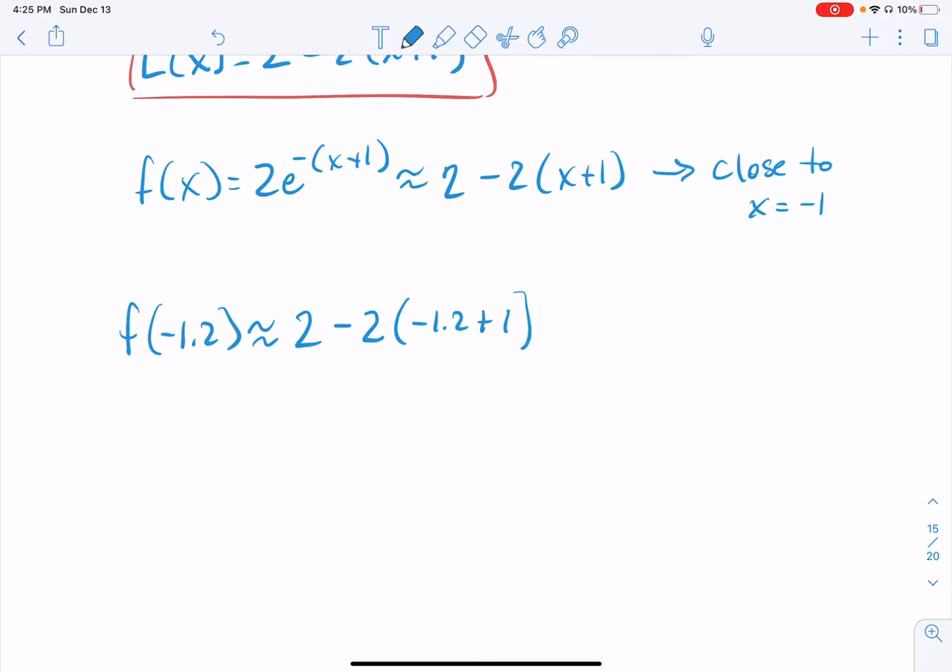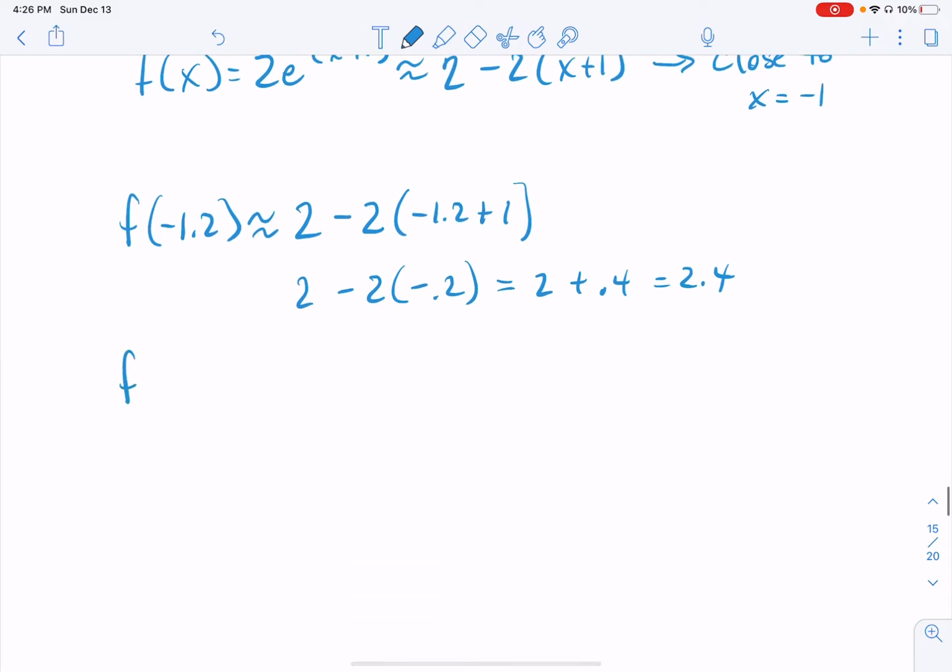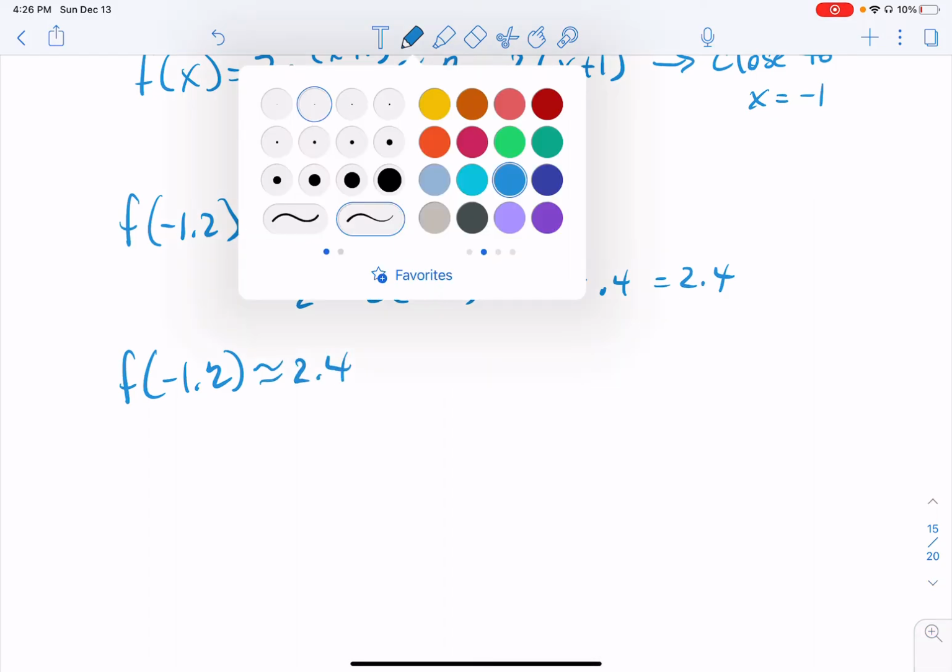That's going to be negative 0.2. 2 minus 2 times negative 0.2 makes 2 plus 0.4, which is 2.4. So we're going to say that f of negative 1.2 is approximately equal to 2.4.